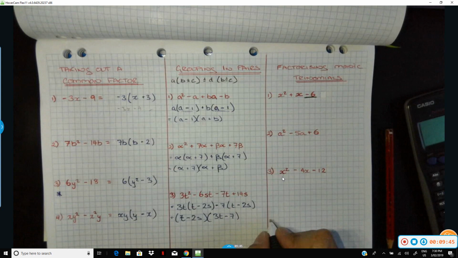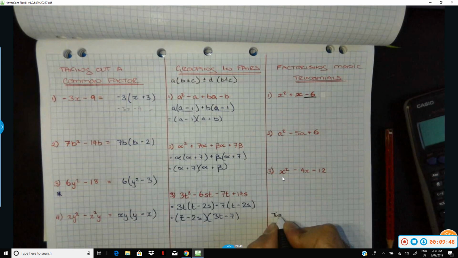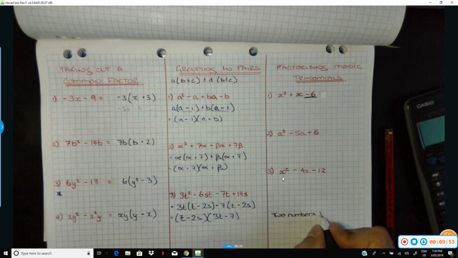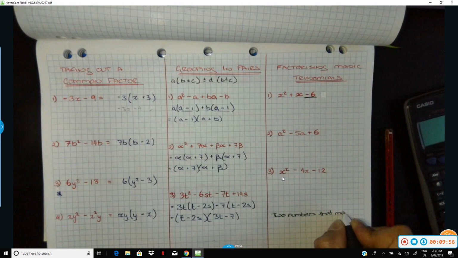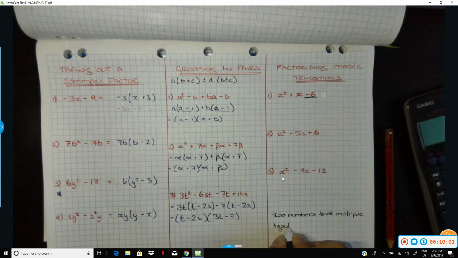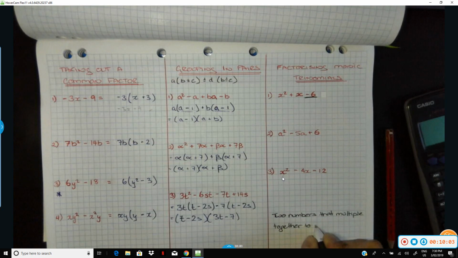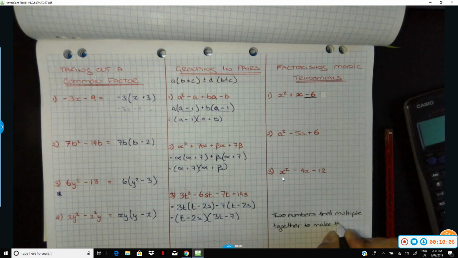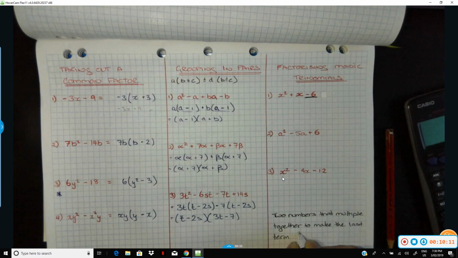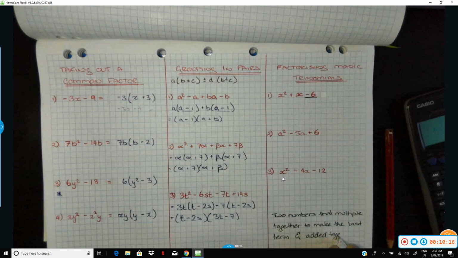So we're looking for 2 numbers that multiply together to make the last term, but added together make the middle term.